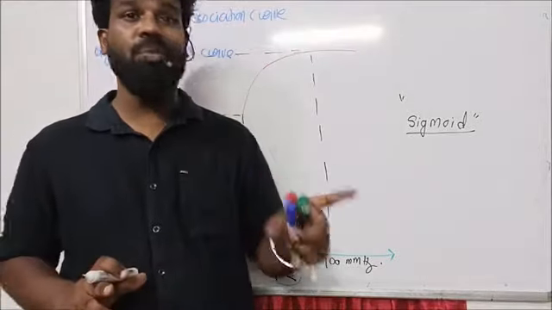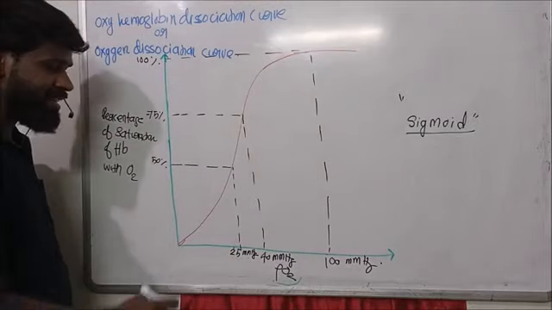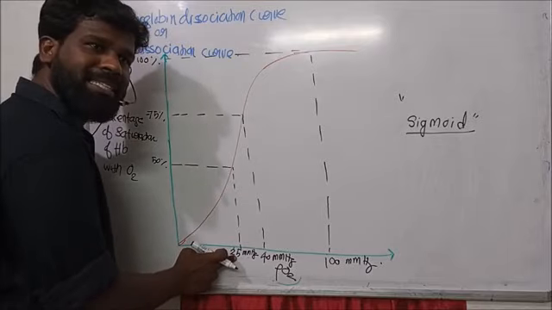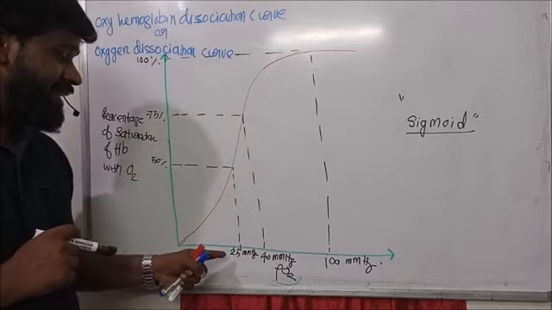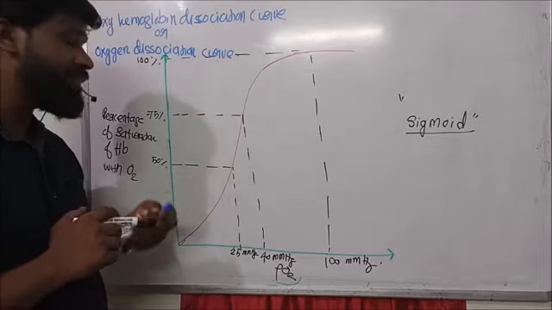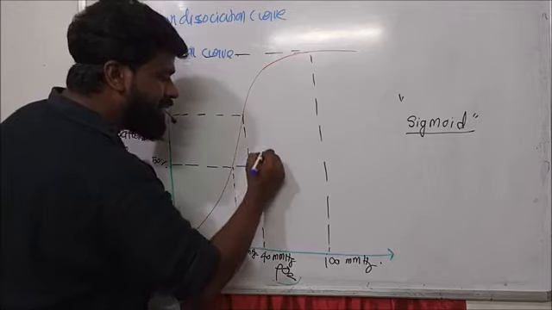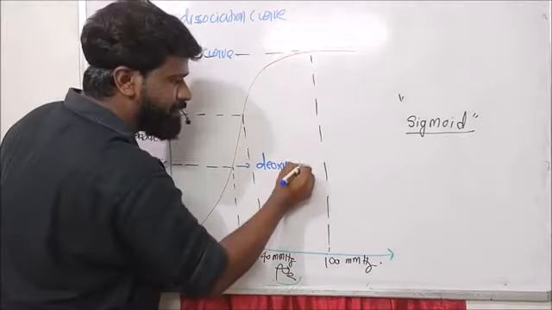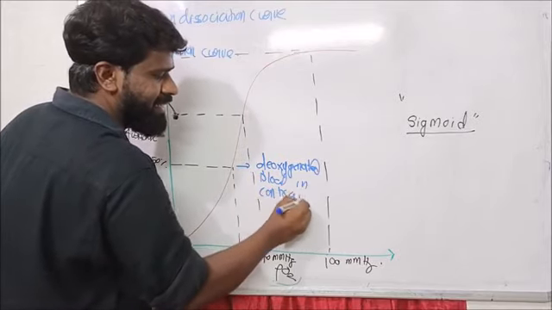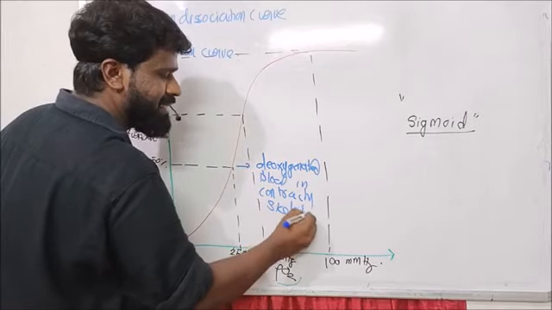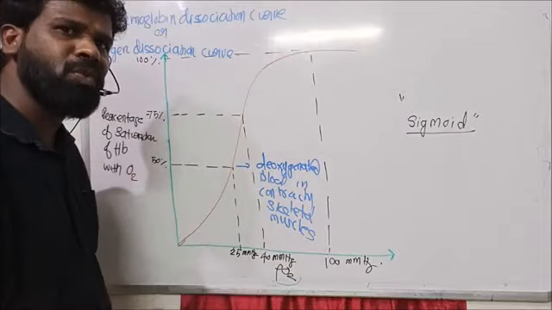See, in our body, under the normal physiological condition, not in active muscular exercise, when the PO2 is 25 mmHg, 50% of hemoglobin is saturated with oxygen. 25 mmHg means this is the deoxygenated blood in contracting skeletal muscles, where the PO2 is only 25 mmHg.